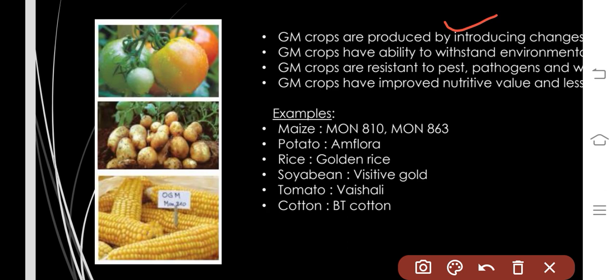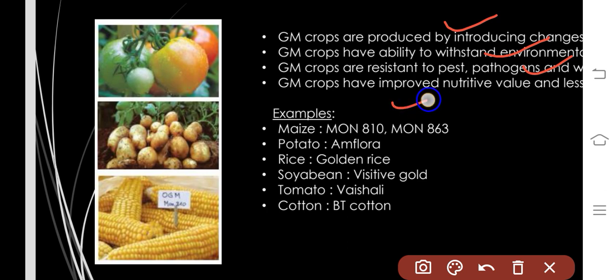These GM crops, that is genetically modified crops, will withstand the environment. Excessive drought, famine, they can withstand. Then they will have resistance to pests, pathogens and weeds, which are destroying crops at a very high rate. So such disturbance can be avoided with the help of GM crops.